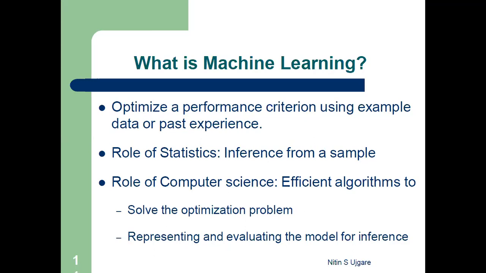The role of statistics in machine learning is to infer meaningful information from the sample data, whereas the role of computer science is to construct or use efficient algorithms to solve the optimization problem and to evaluate the model to get some inference, to extract some meaningful information that really helps us to take the business decisions.